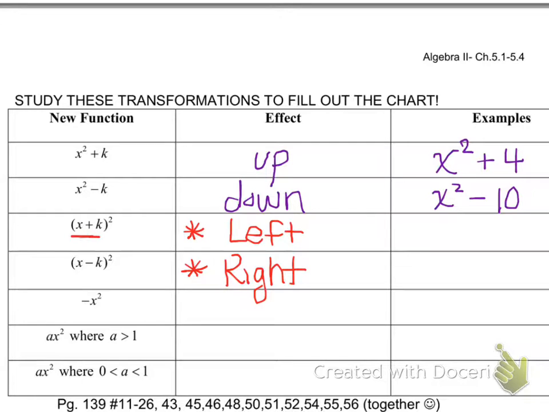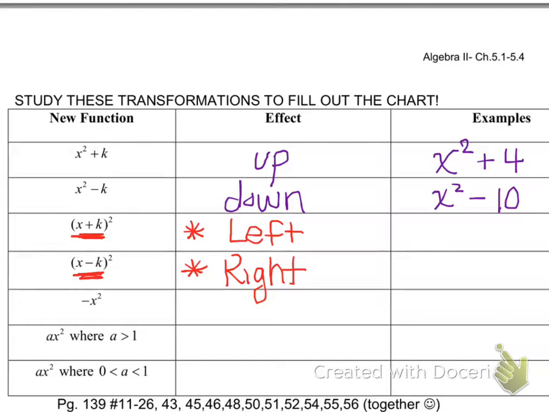But with inside our x, any horizontal shift, left or right, it's actually backwards from what you think. Just like in vertex form, we've talked about this before. If I had x plus 4, that would be an h value of negative 4, which means we would go left. So when you see plus, it also means left.